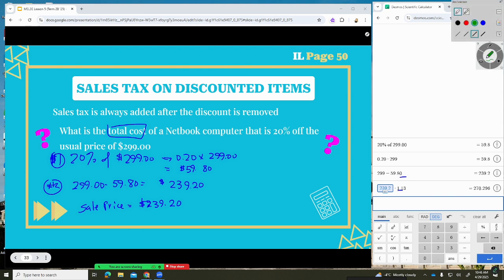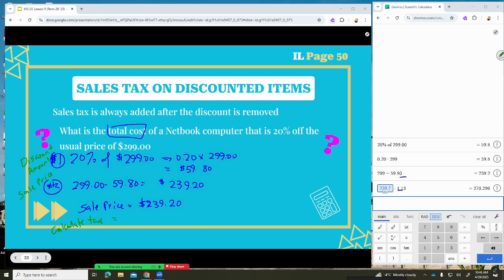For your key question, you are going to show step 1, discount amount. Step 2, find sale price. Step 3, calculate tax.